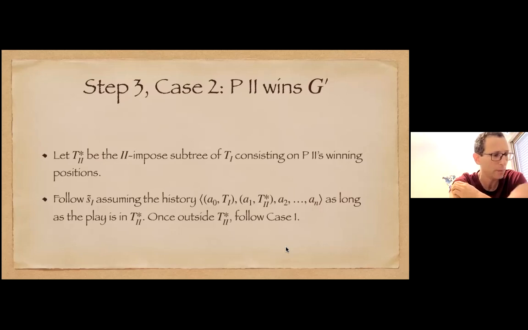In the game G prime, player 2 has a winning strategy. So the initial position is winning for player 2, and so player 2 can always continue to a winning position, otherwise player 2 would not be the winner of the game.